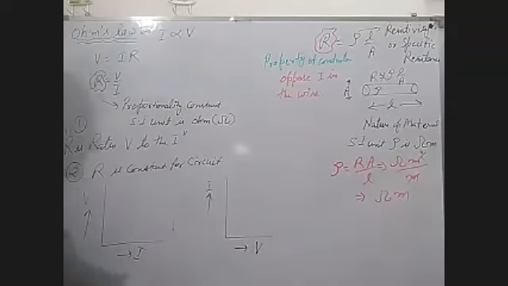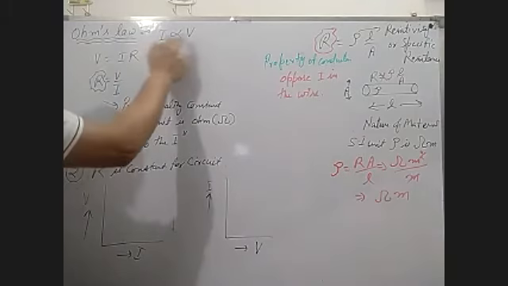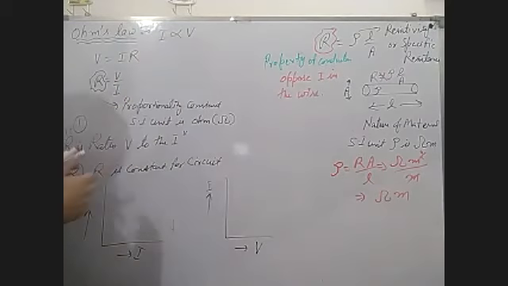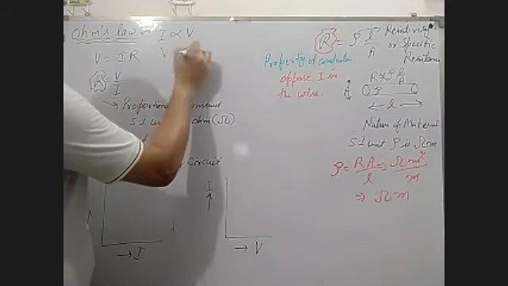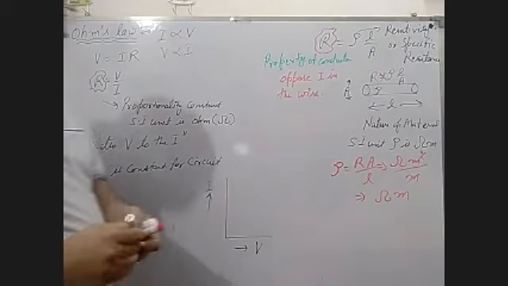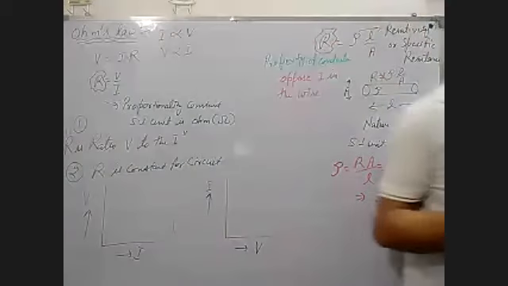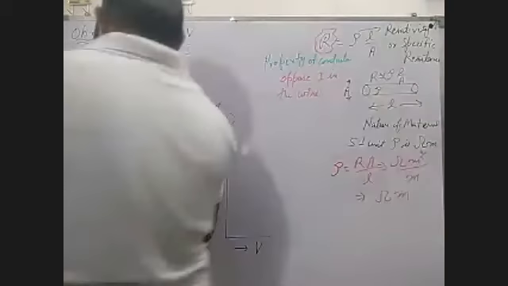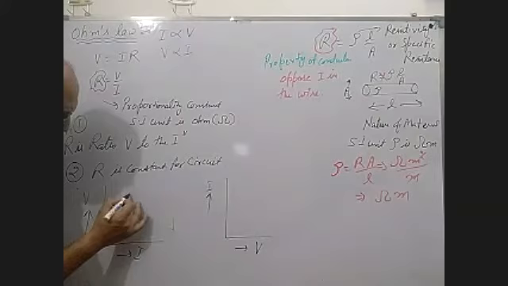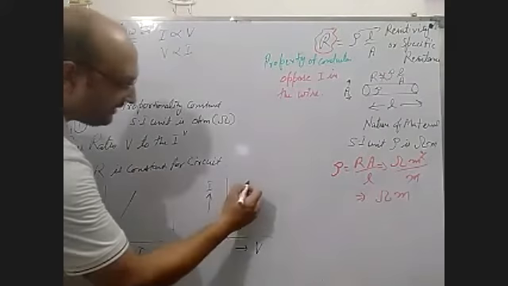If two quantities are directly proportional to each other, then no problem. I is directly proportional to V, or V is directly proportional to I. The graph between V and I, in both cases, will be a straight inclined line.